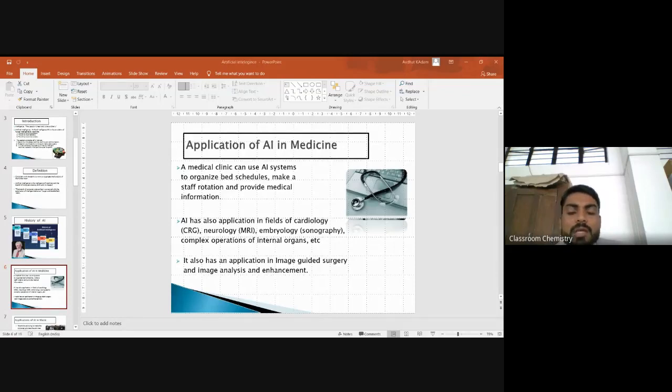But there are some medicals or some shops that use artificial intelligence. They have laptops or PCs in their shops.